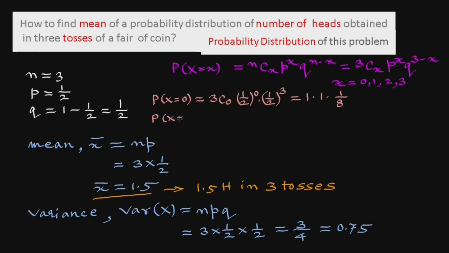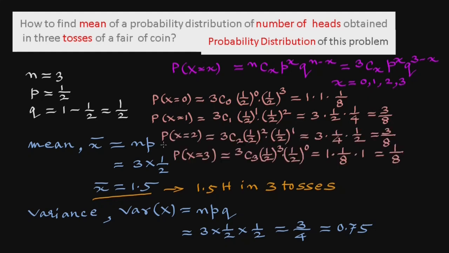P(x equals 1) is 3C1 half raised to 1 half raised to 3 minus 1, 2, which is 3 into half 1 upon 4, which is 3 upon 8. Similarly, P(2) is 3 upon 8 and P(3) is 1 upon 8.